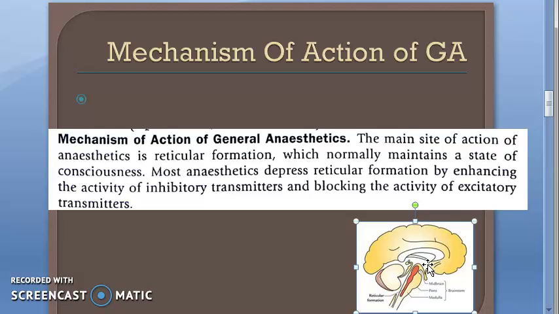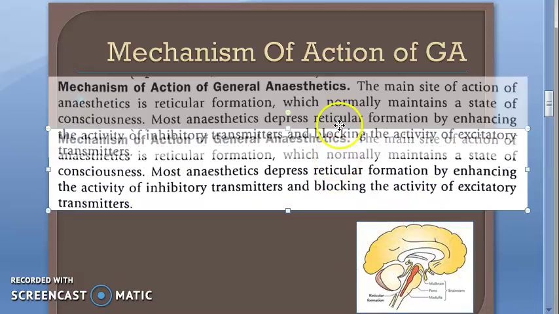So even when you fall asleep, that moment where you fall asleep and you're awake, reticular formation is responsible for that, okay. And most anesthetics depress this reticular formation, so you will become unconscious, correct? These general anesthetics will enhance the activity of inhibitory neurotransmitters, and block the activity of excitatory neurotransmitters.